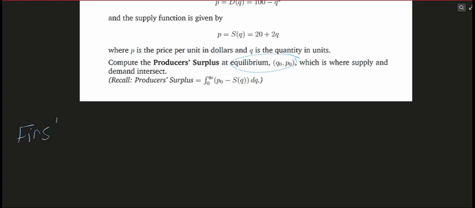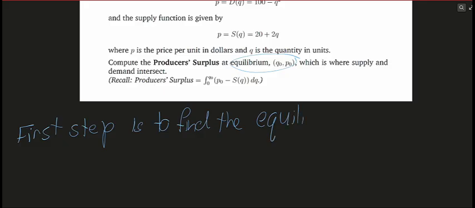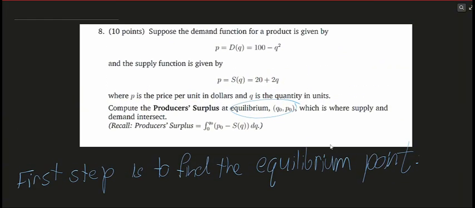So first step is always, in the surplus problem, to find the equilibrium point. How do you actually find that? You take this demand function and set it equal to the supply.